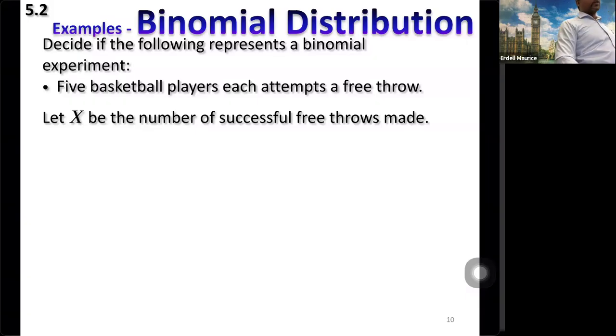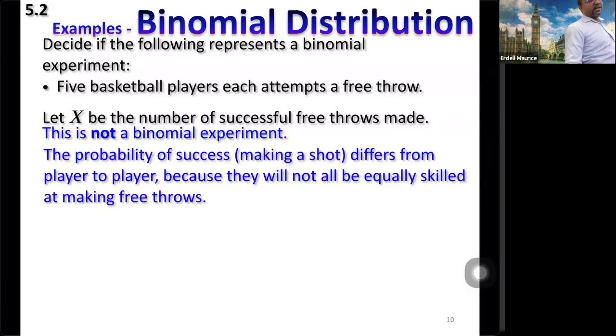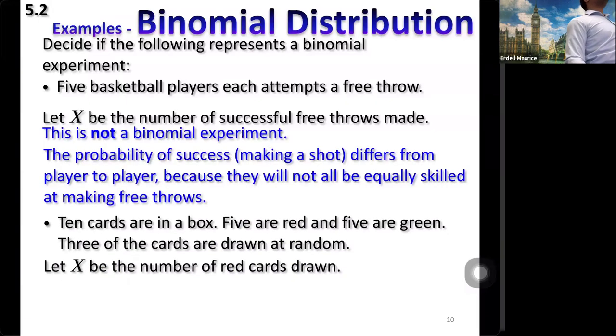And that's what blows the whole thing up. But also the probabilities are going to be different, yes? The probability of him making is 90, probability of me making is 20. And so yeah, it's not a binomial distribution. But there were only 2 outcomes, yes? Either a success, they made the basket, or a failure, they did not make the basket, but that's not good enough.